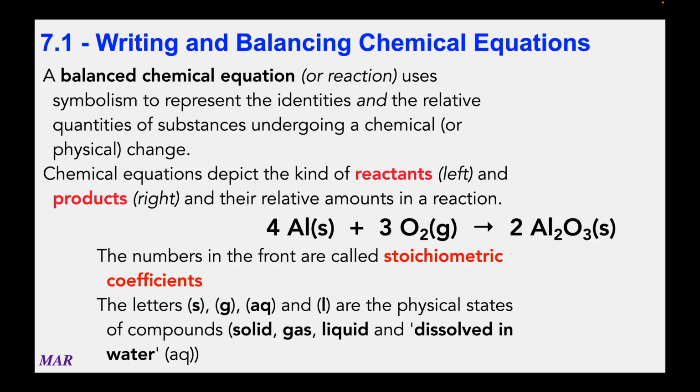So in chemistry, you'll definitely see S for solid, G for gases. You'll also see once in a while L for liquids, specifically water is very common. And AQ stands for something that's dissolved in water, so a solution, like we talked about in the last chapter. For example, you could have a sugar solution, sugar in water. We would write that in chemistry as sugar AQ.